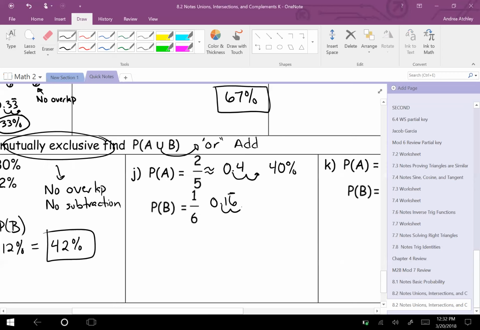So I move my decimal over twice and get 17%. So then I just get 40% plus 17% equals 57%. Any questions over that? We're all good?